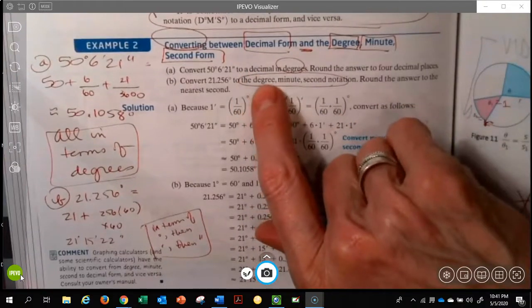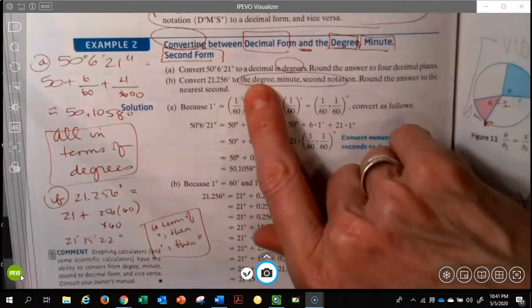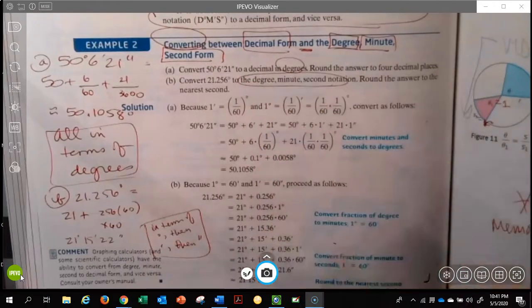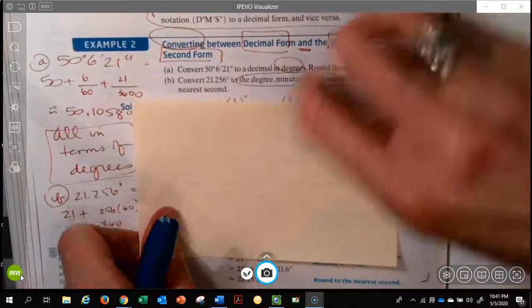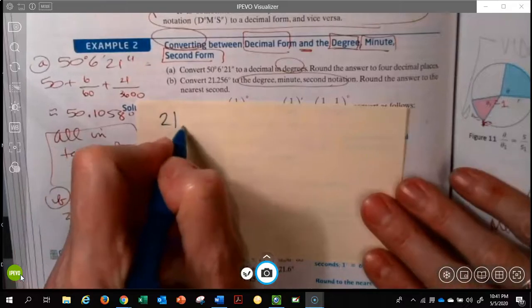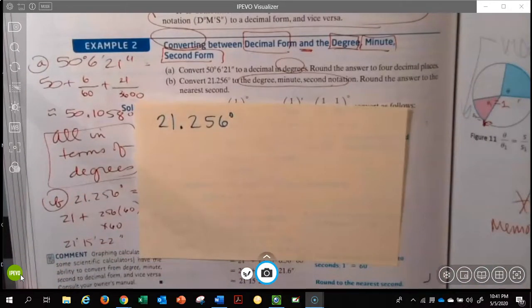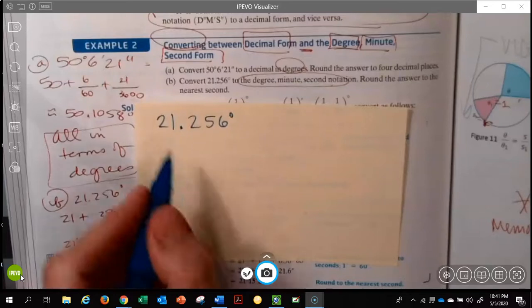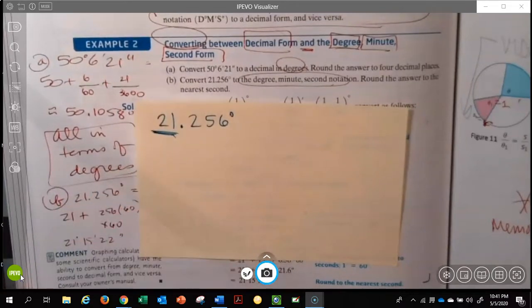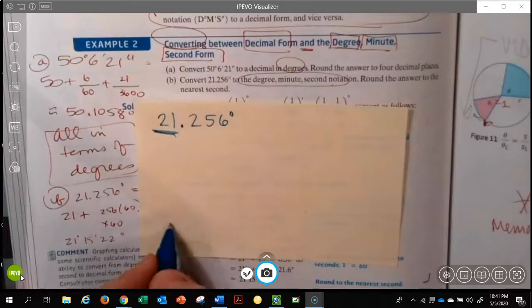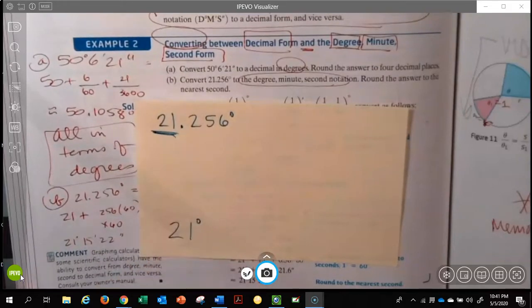They want us to split it apart and make this back into degrees, minutes, and seconds. And so here's what I do. If they want us to start with 21.256 degrees, I'm going to start peeling apart all the stuff, and I'm going to look at what ends up in the front part of the decimal, because that truly is 21 degrees.